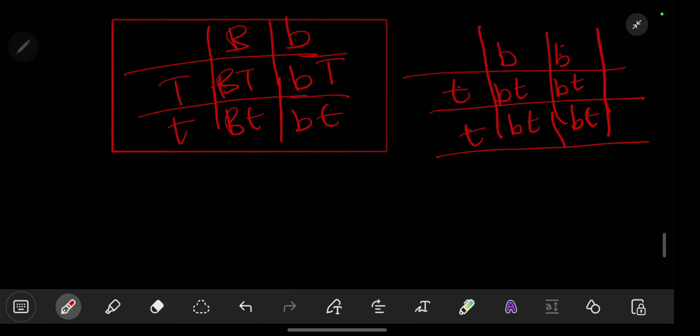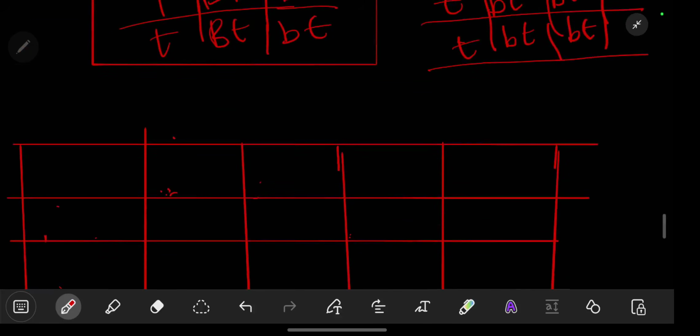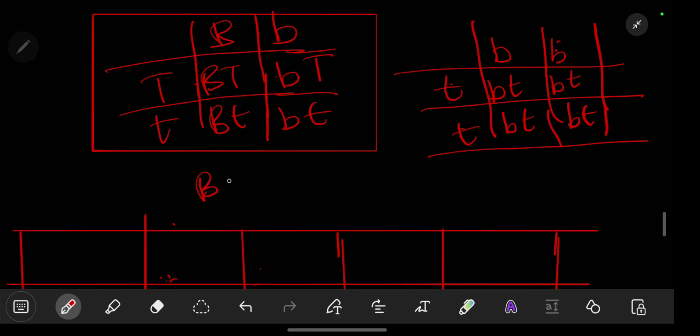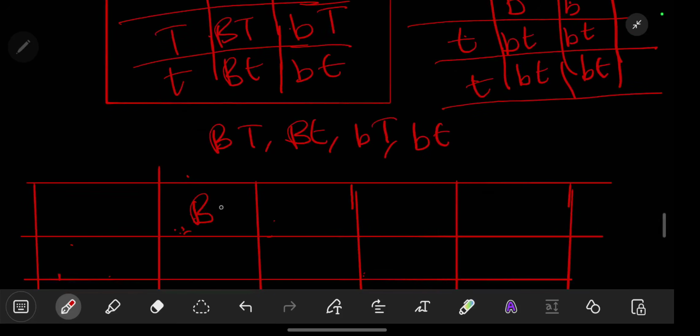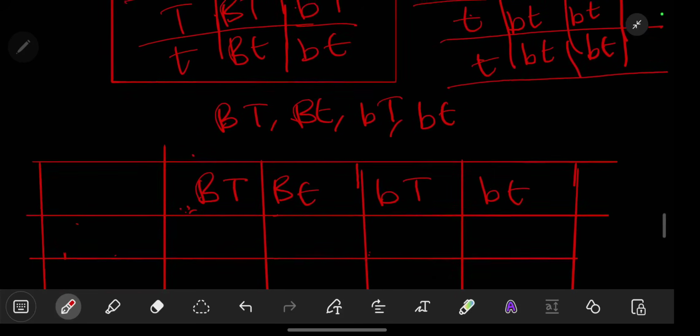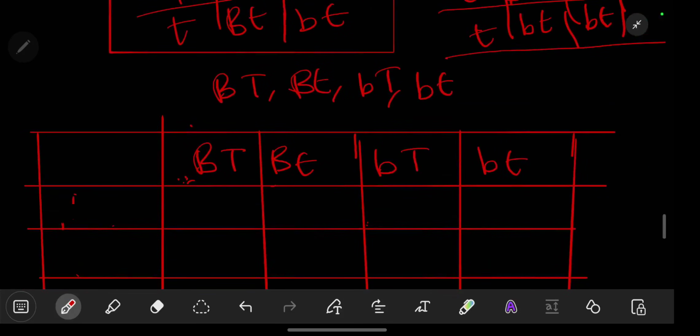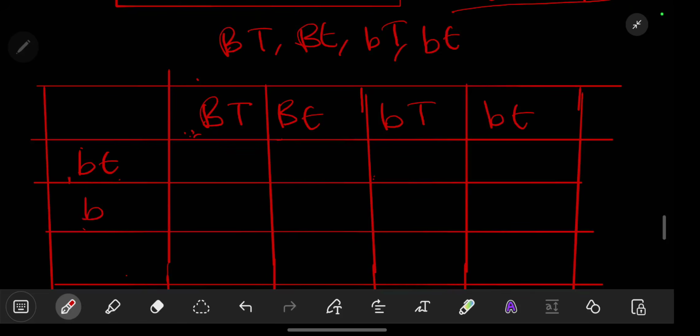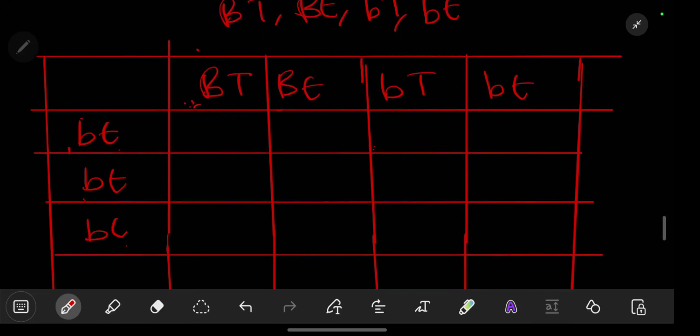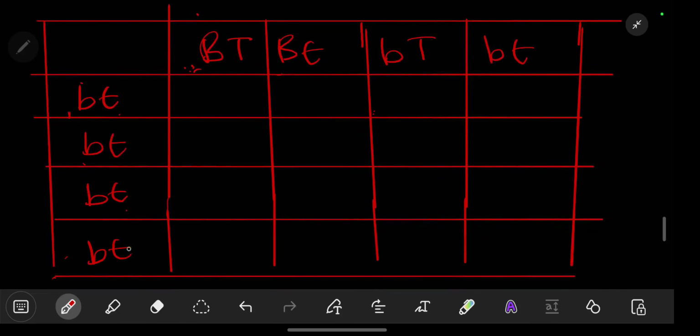Then we are going to fuse them, beginning with this. So we have our BT, our B, small t, our B, big T, our B, small t, like that. Even this side, we have our B, small t, B, small t, B, small t, then we have our b, small t.